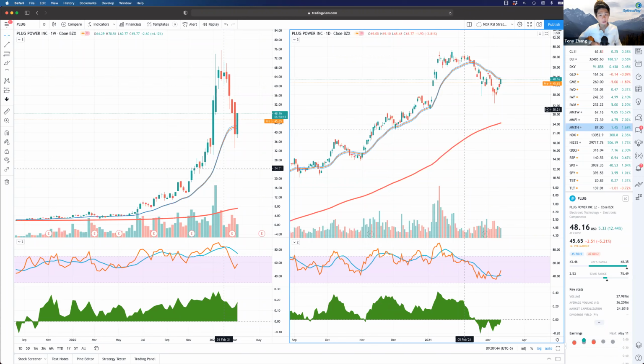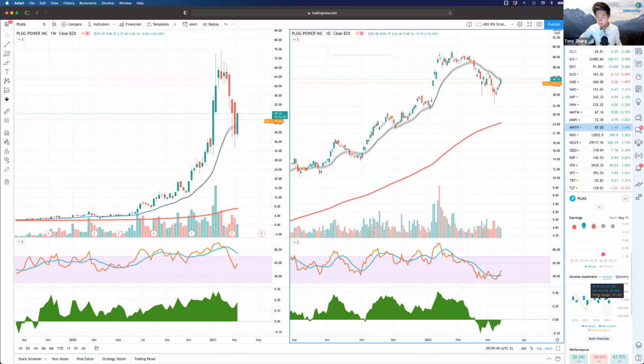Next is Plug Power. Plug Power is interesting from the perspective that it continues to rise, and their revenue growth continues to be fairly strong here, as you can see, going from 40 million to 68 million to 106 million in just the last few quarters.